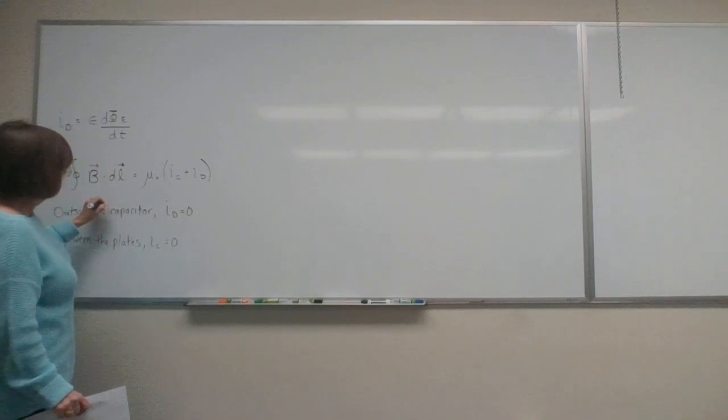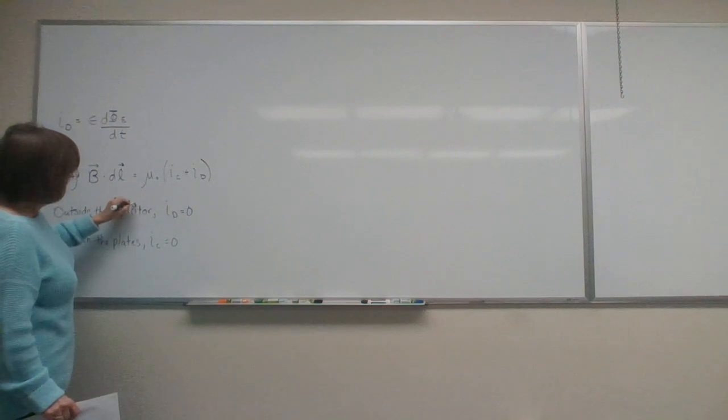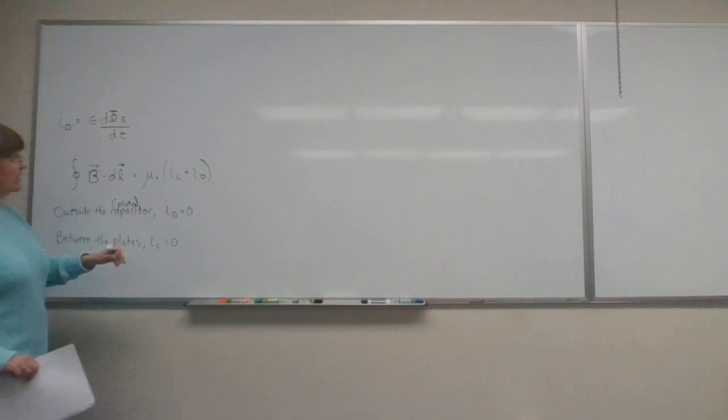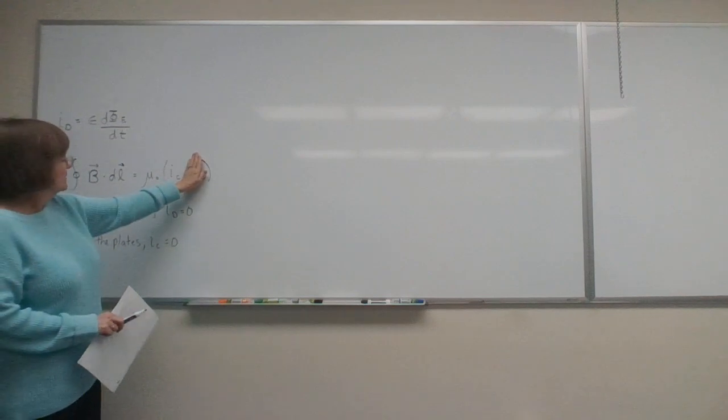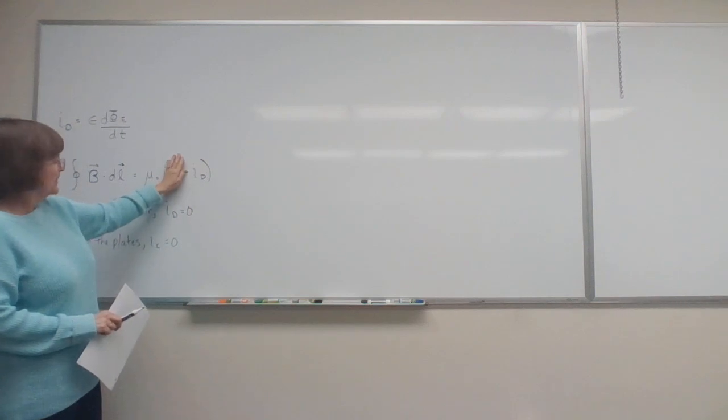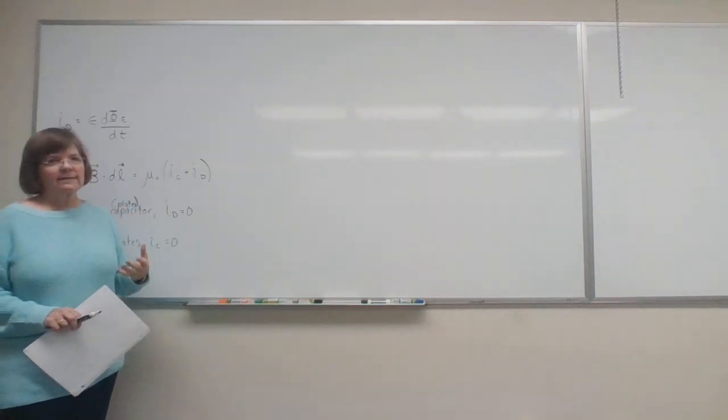So this is outside, I said the capacitor, but outside the plates. The bottom line is you have one or you have the other, and they're actually equal. You're either going to have this when you're outside of the plates, or you have this when you're inside of the plates, and they are exactly the same amount.